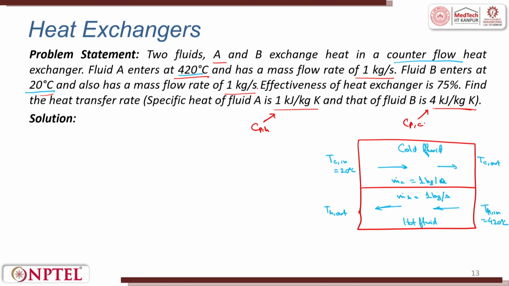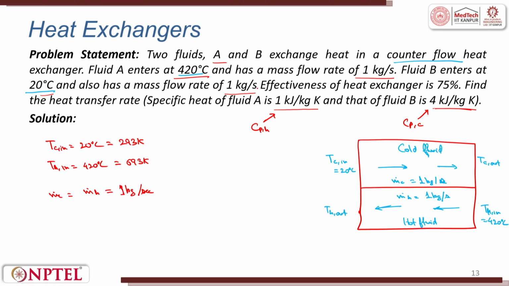So, the temperature T c inlet is 20 degrees centigrade, which is 293 Kelvin, T hot in is 420 degrees centigrade, which is 693 Kelvin, and we have seen that m dot c is equal to m dot h, which is equal to 1 kg per second, and we have the Cp values here.